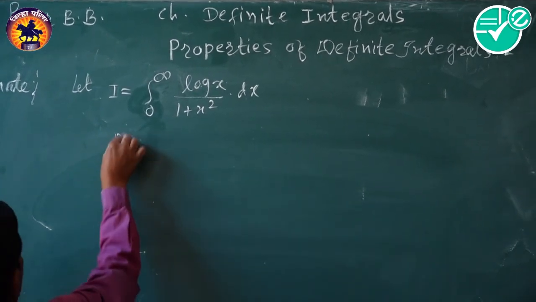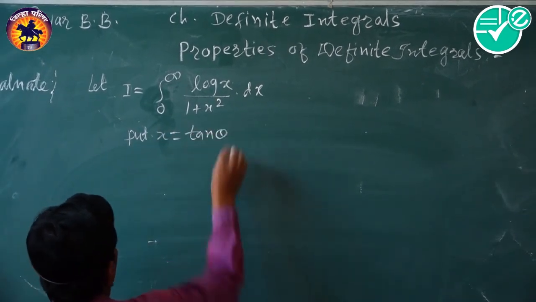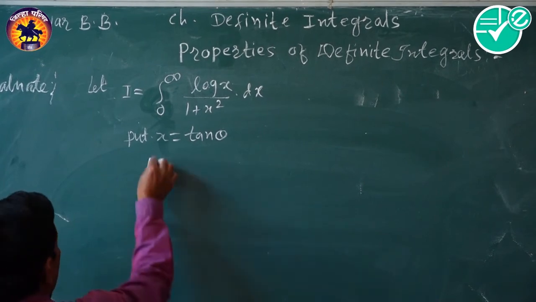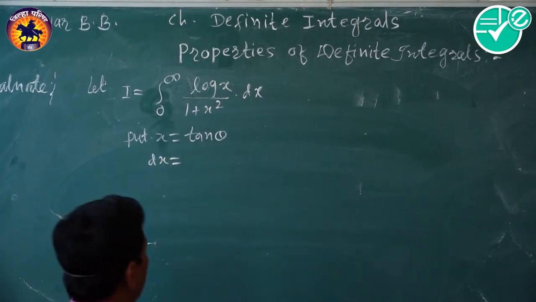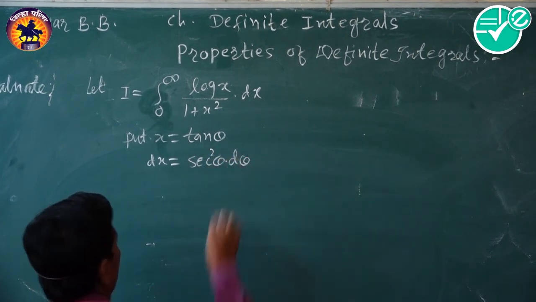Put here x is equal to tan theta, therefore dx is equal to sec square theta into d theta.